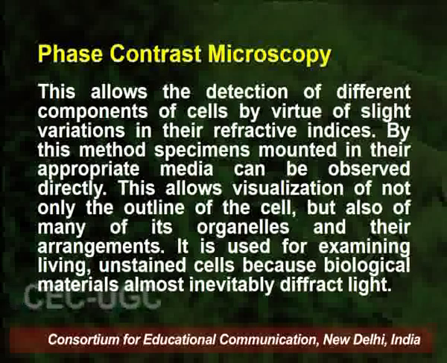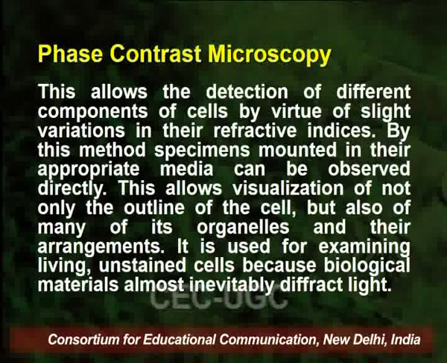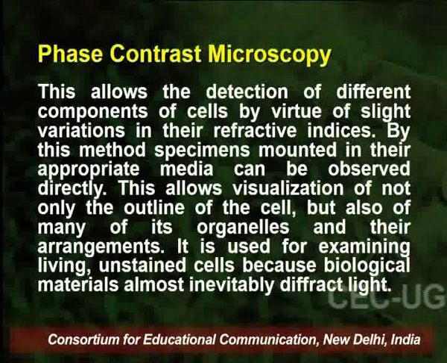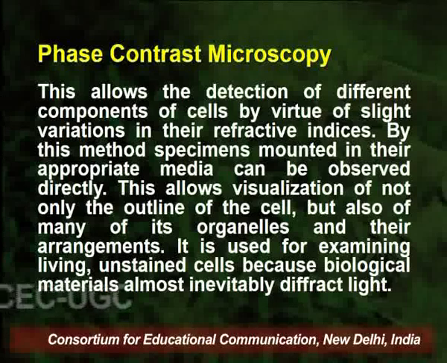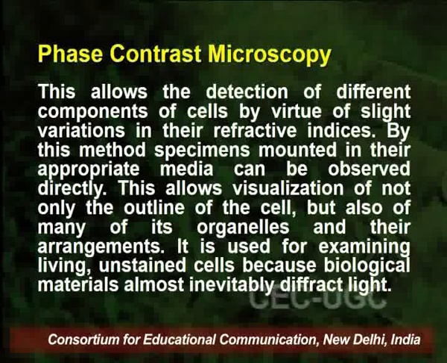Now, using these two components allows the change in the phase of the light, and with the help of phase contrast microscope, the detection of different components of cells by virtue of slight variation in their refractive indices is achieved. By this method, specimens mounted in their appropriate medium can be observed directly.